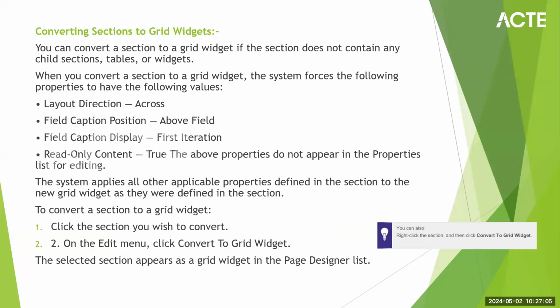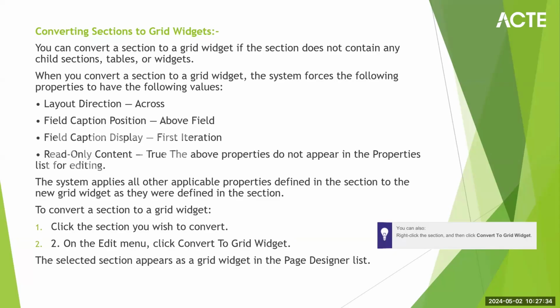Converting sections to grid wizard. You can convert a section to a grid wizard if the section does not contain any child sections, tables, or widgets. You understood, right? If it is only a single section, then you can convert it to a grid wizard.